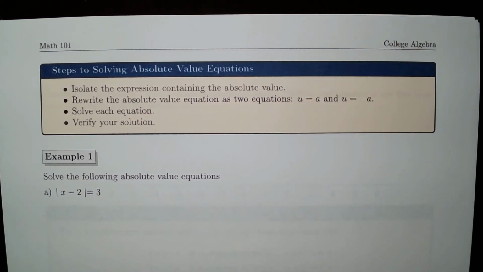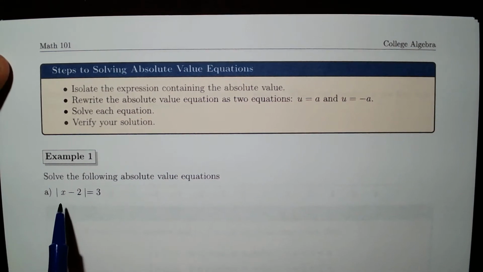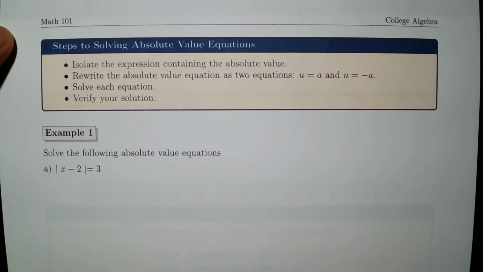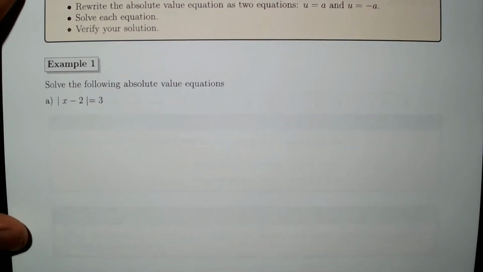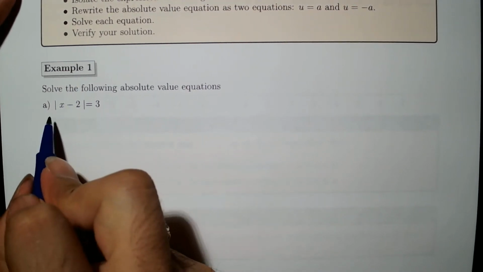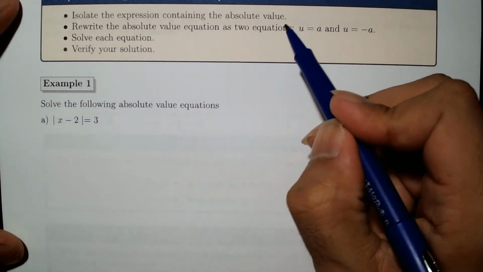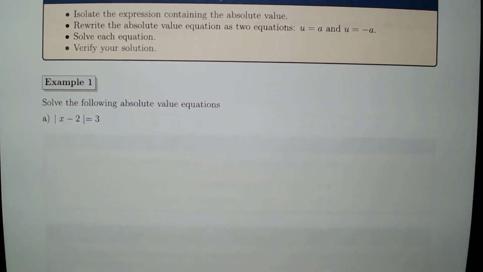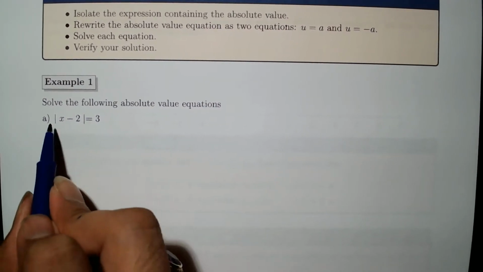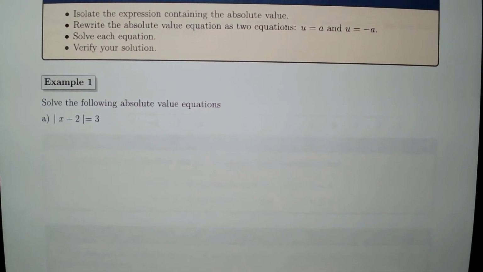So let's do one example. The first example: the absolute value of x minus 2 equals 3. In this case, the first step is already done for us, so we don't need to add or subtract a number because the absolute value expression is already by itself.